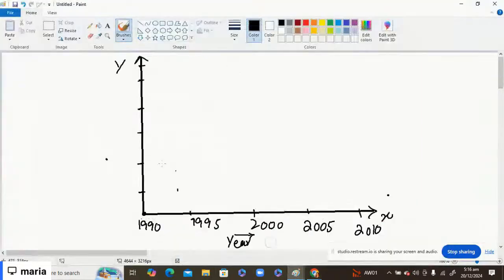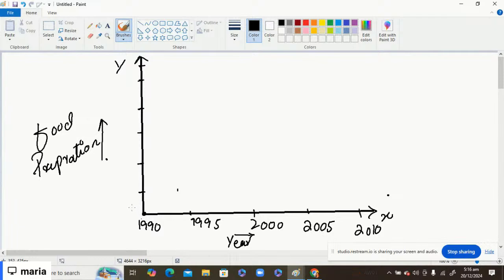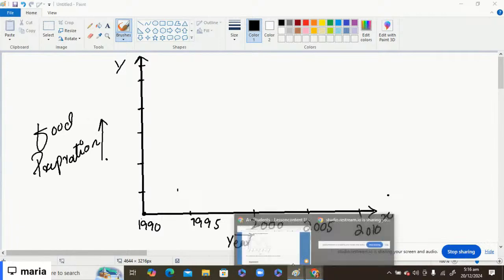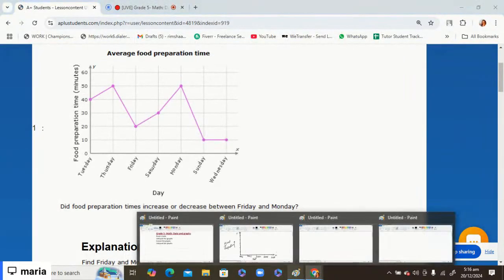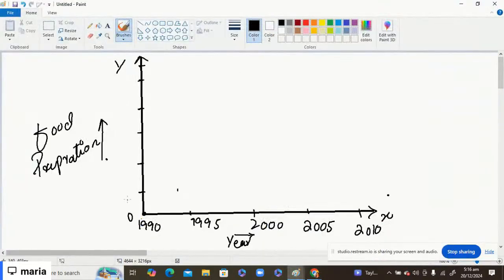Okay, for example, here is the food preparation which is given on the y-axis. Basically you start from 0, then 20, 40, 60, 80, and 100.